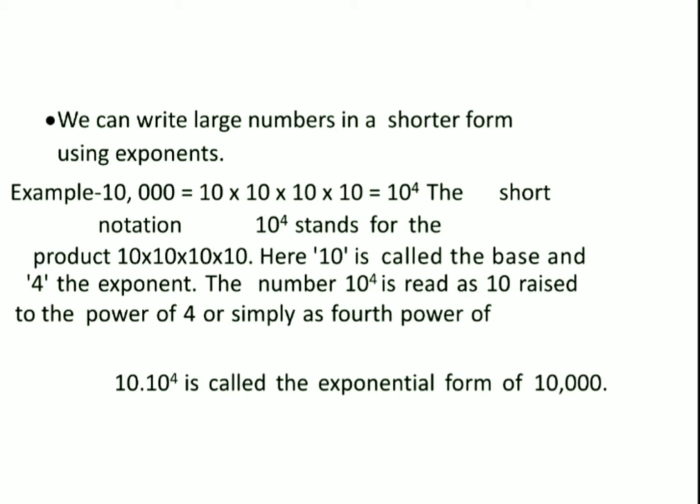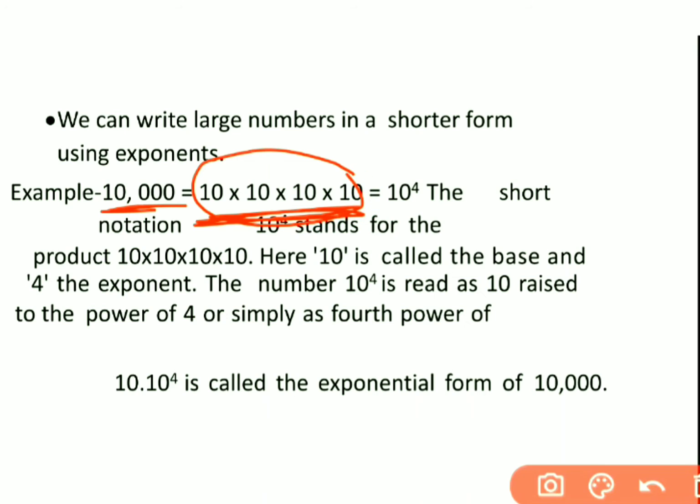Students, exponents also provide us an easy method to write large numbers in a shorter form. As you see in the example on the screen, 10,000 is prime factorized, and we see that the factorization comes as on the screen. 10 is multiplied by itself 4 times so that we get 10,000, and we write this multiplication in short form using exponential notation as 10 raised to the power 4.